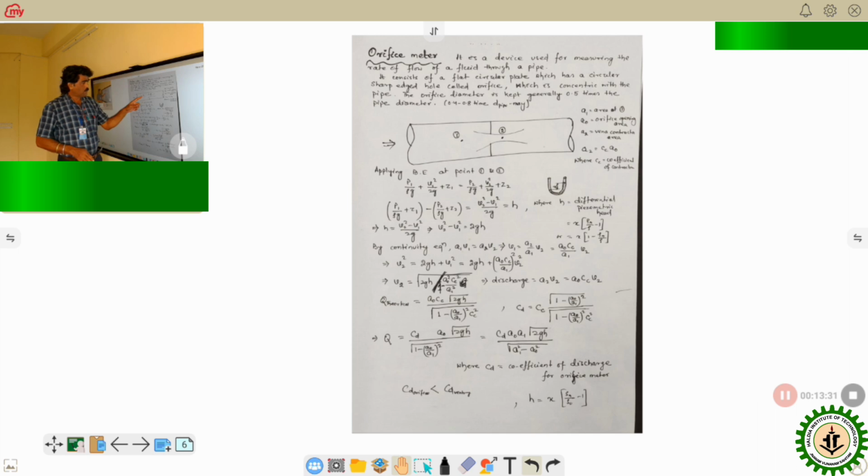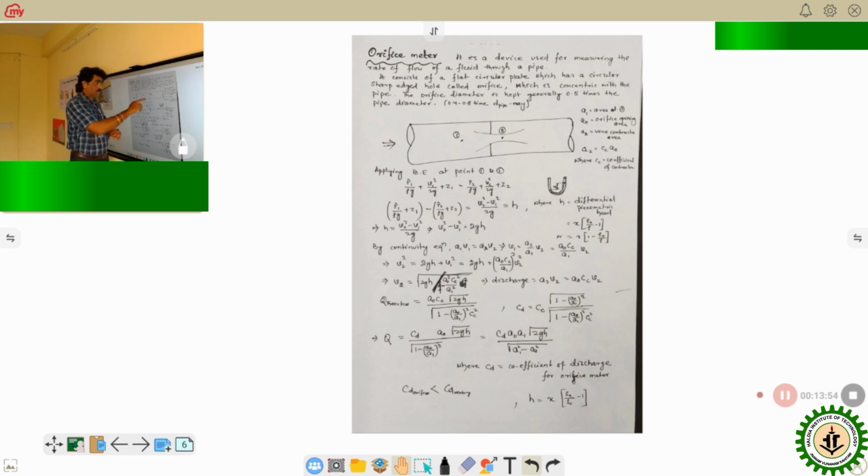So here point 1 is your pipe. Point 2 I cannot take at the orifice plate, because the orifice plate is a harsh object. So U-tubes have to be connected from some other position rather than the orifice plate. So the narrowest region is where I am indicating point 2, that is the vena contracta.